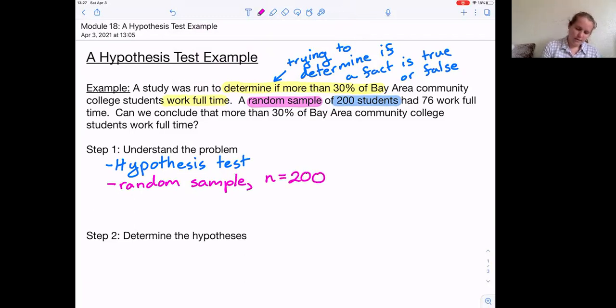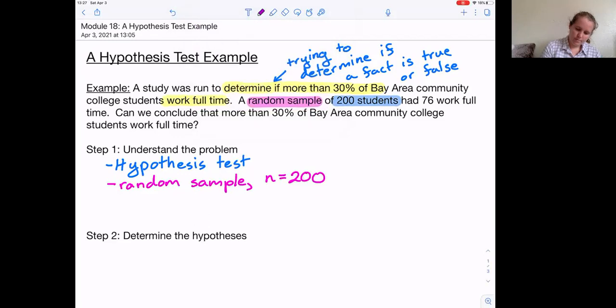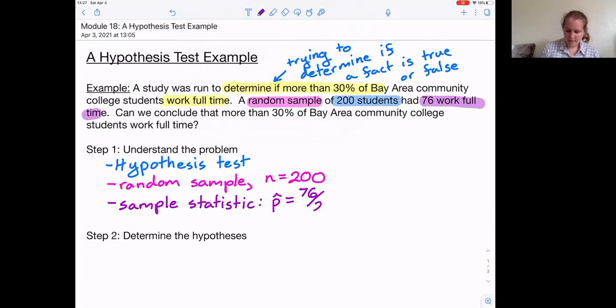And then our sample results. We had 76 work full-time. So our sample result, or our sample statistic, would be p hat is 76 out of our 200, or 0.38.